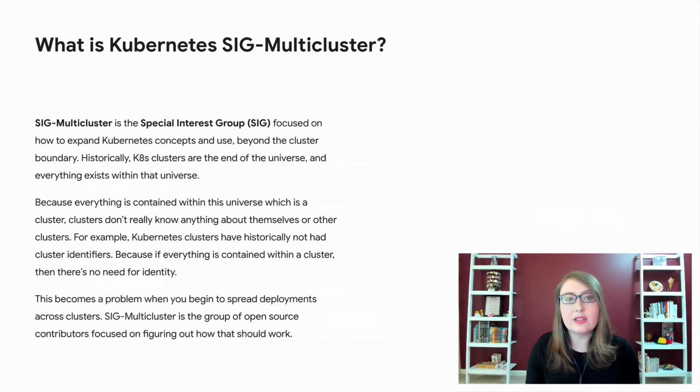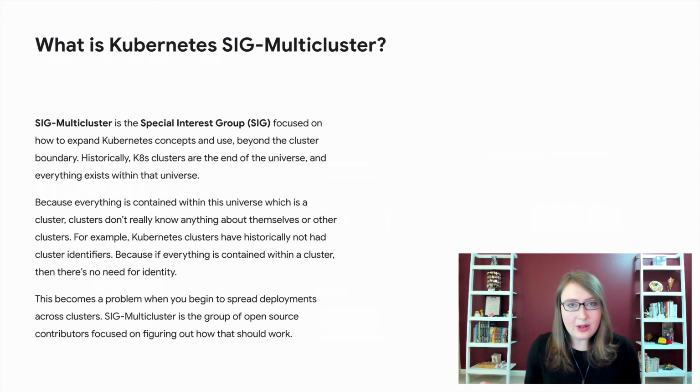Historically, Kubernetes clusters have been the end of the universe. Everything exists within the Kubernetes cluster as far as Kubernetes is concerned. Because everything is contained within this universe, which is a cluster, clusters don't really know anything about themselves or others.